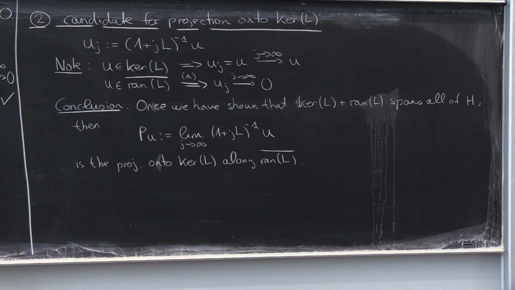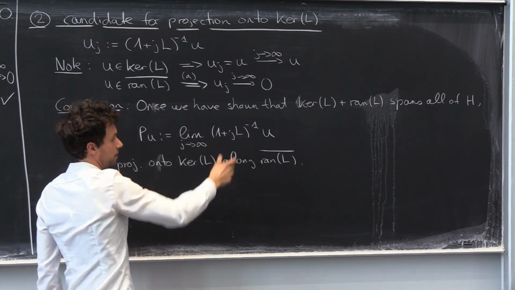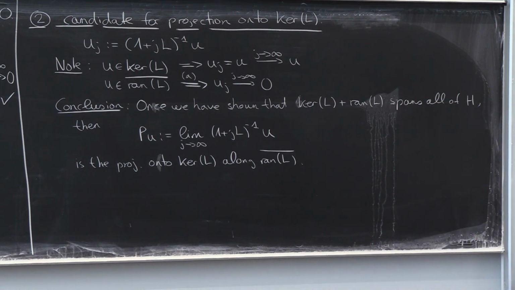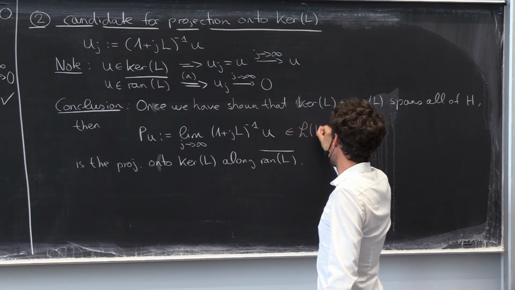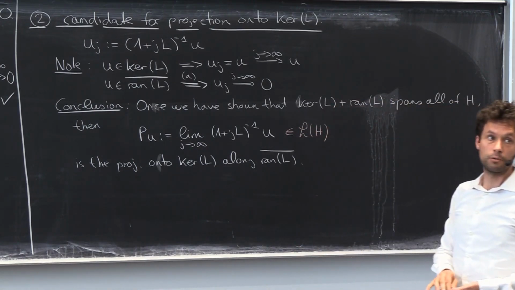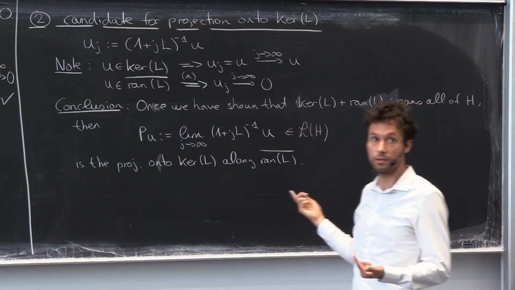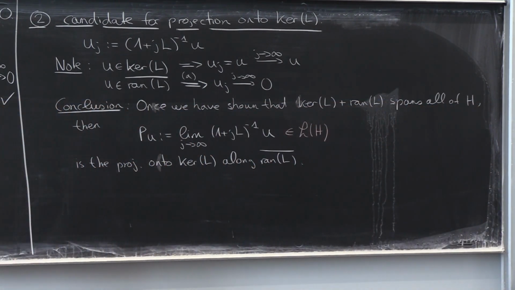Okay? And moreover, once we have shown that this spans all of H, this would be a strong limit of a uniformly bounded family of linear operators. So this limiting guy would be a bounded linear operator on H, and so therefore the decomposition will become topological in virtue of the projection.